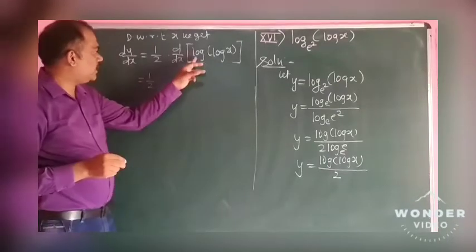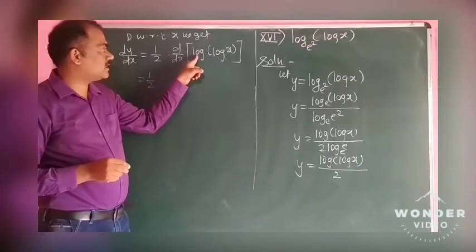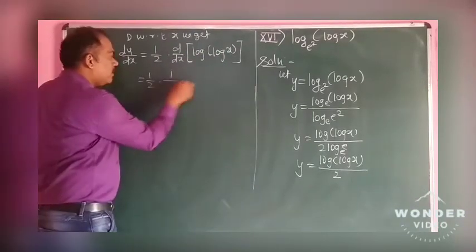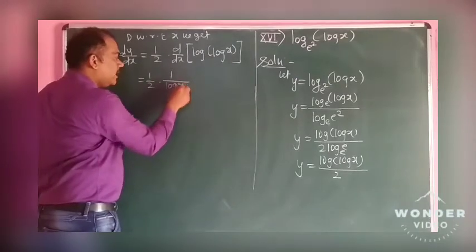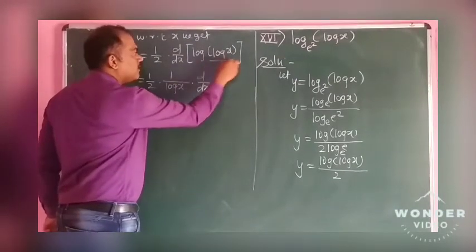First of all, we take the derivative of this log, which is 1 upon x. Instead of x, we write log of x. That is into 1 upon log of x into d dx of log x.